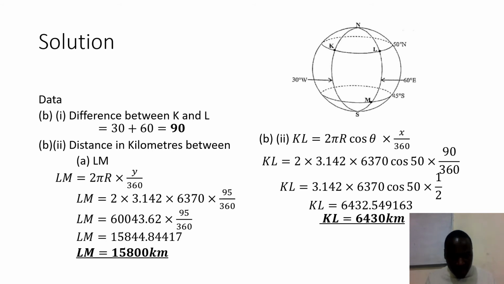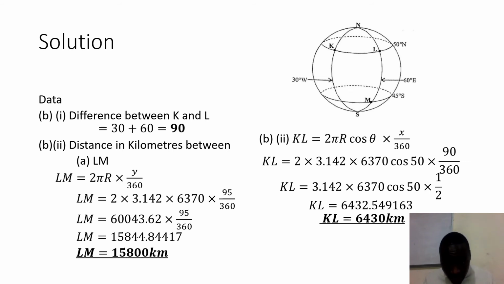Part B, Roman numeral 2 of this question, we are supposed to calculate the length LM, or rather the distance LM. In this case, we realize that the distance LM is along a great circle.